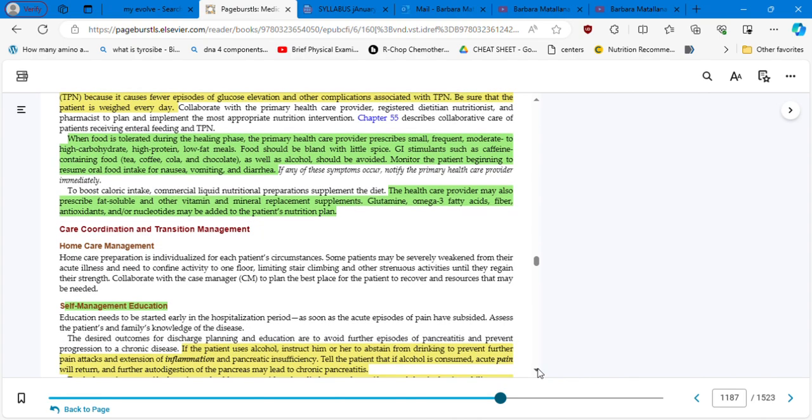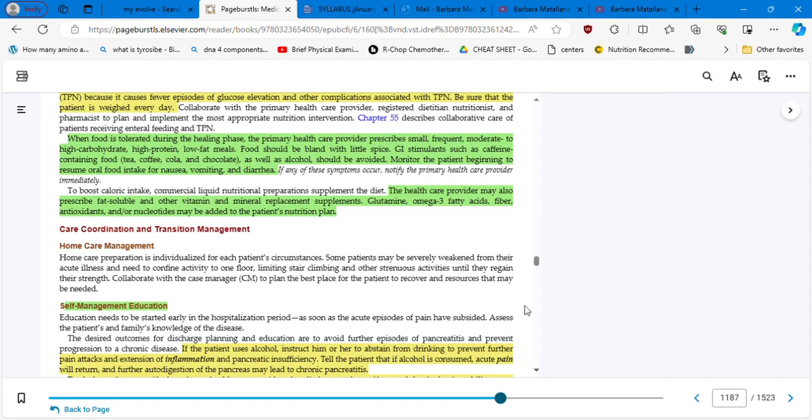When food is tolerated during the healing phase, the primary healthcare provider prescribes small, frequent, moderate to high carbohydrate, high protein, low fat meals because of the metabolic needs, right? So it's going to be high carbs, high protein, low fat, and food should be bland.